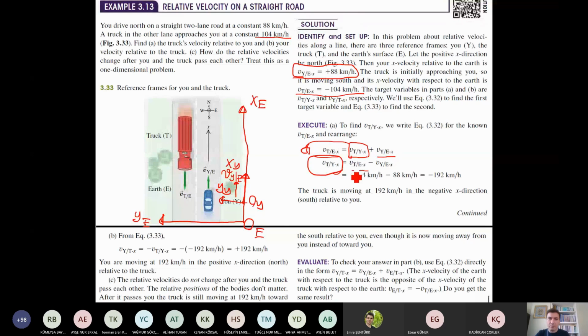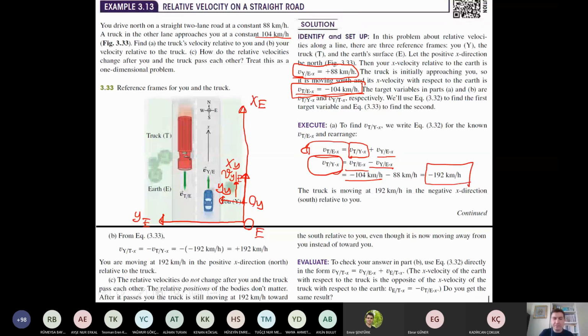So here we have minus 104 km per hour minus 88 km per hour. So the result is minus 192 km per hour. So this is the velocity of the truck relative to you.